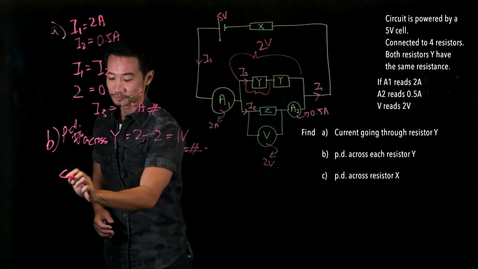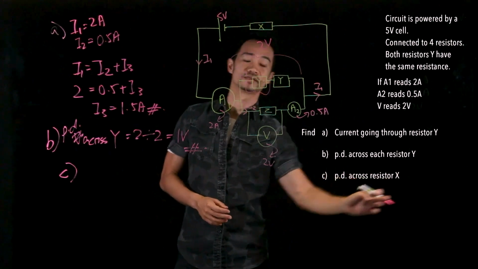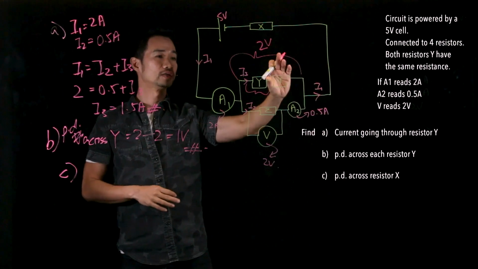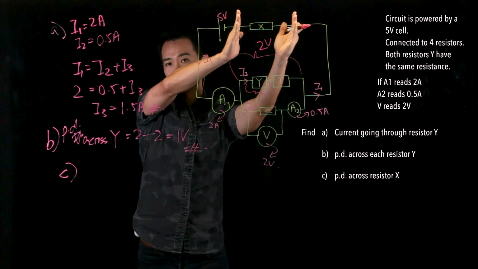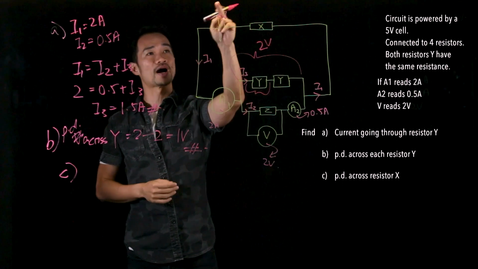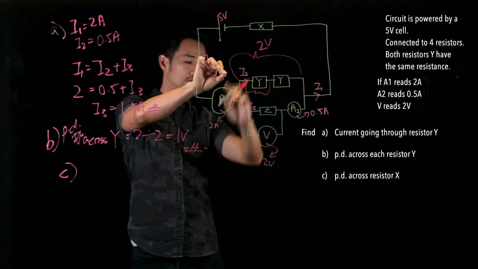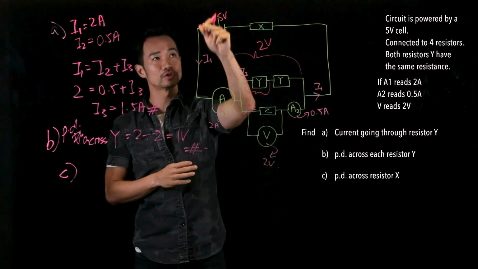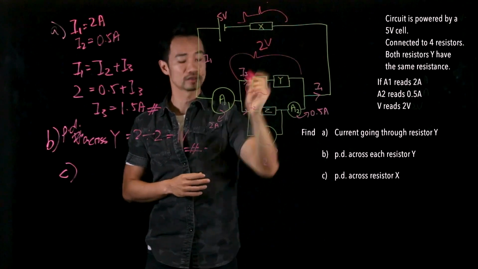All right, C: what is the PD across resistor X then? So in this entire circuit, there is a potential difference on this part and a potential difference on this part, and the entire thing is powered by an EMF of 5 volts. If going across this part is 2 volts, and we have a total electromotive force of 5 volts, what is left for this?